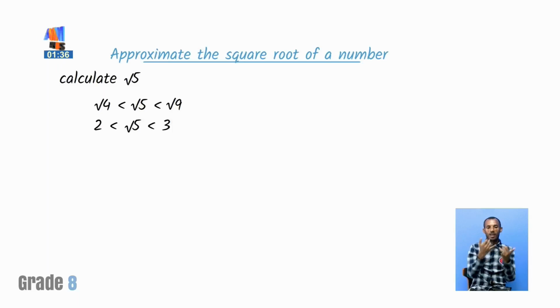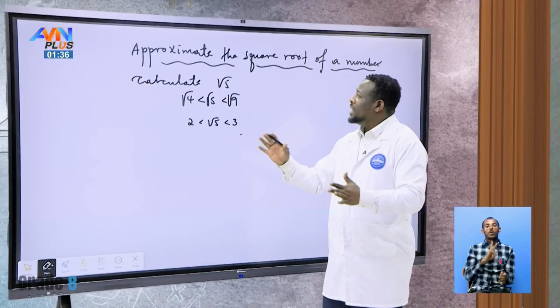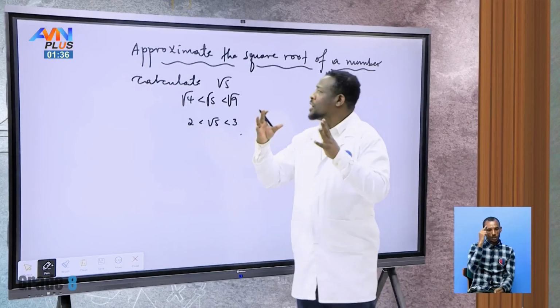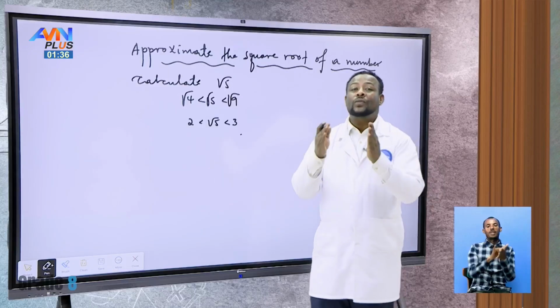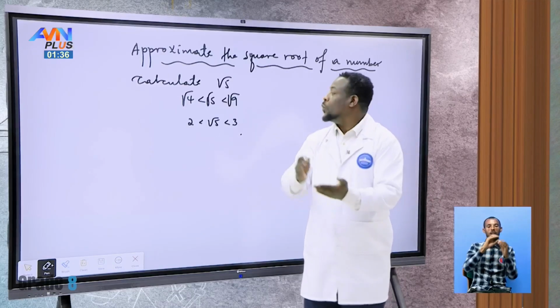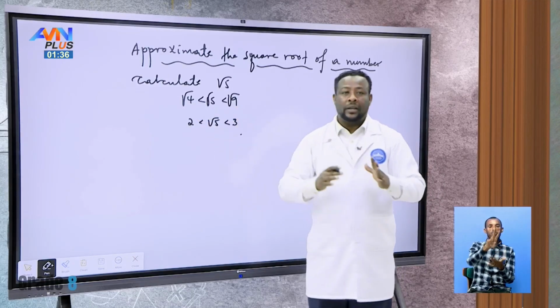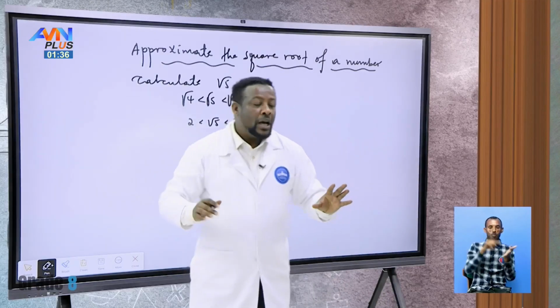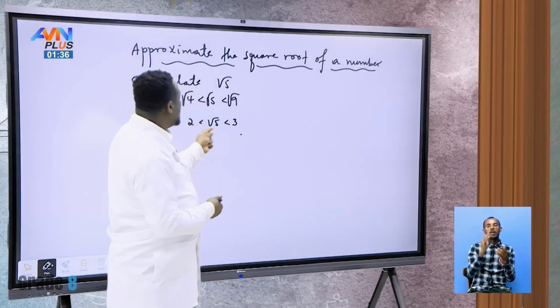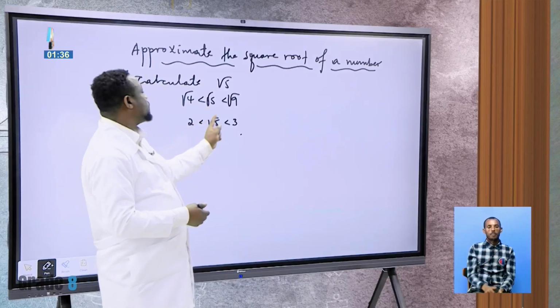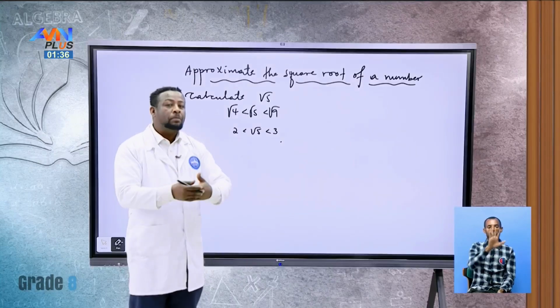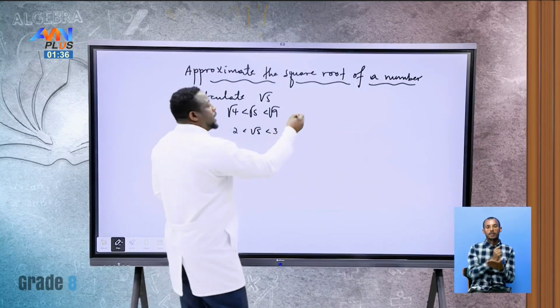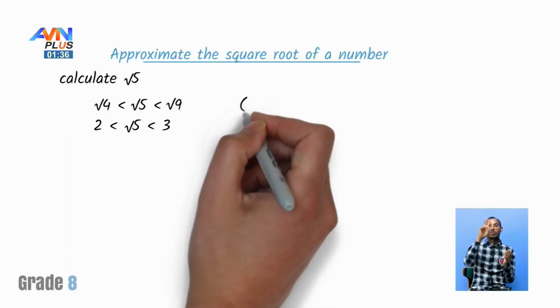Now we are sure that radical 5 is a number between 2 and 3. That means it's 2 point something. To get a better approximation of radical 5, you can take numbers like 2.2.